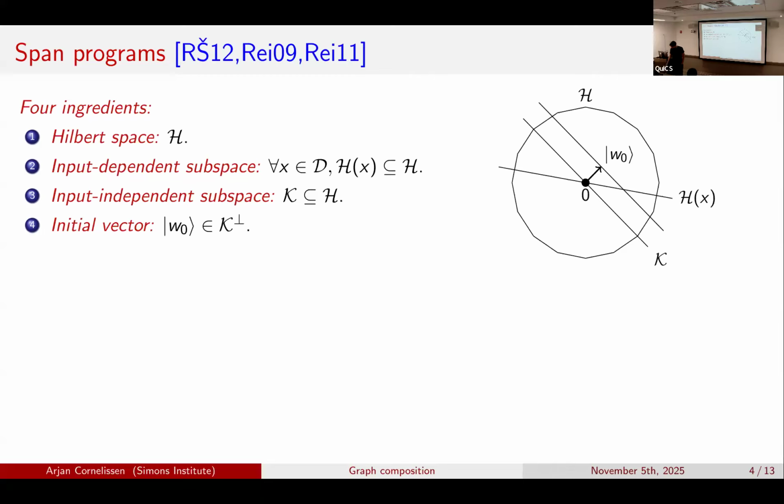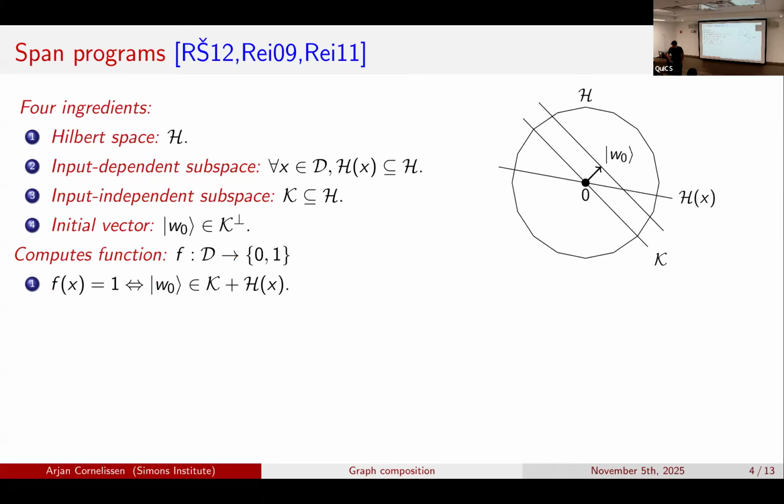Now what I'm going to say is that this span program computes a particular Boolean function, which takes inputs from the domain and maps to 0, 1. The function it computes is defined to be 1 whenever it's possible to write this initial vector W0 as a linear combination of something from the input independent subspace and something from the input dependent subspace.